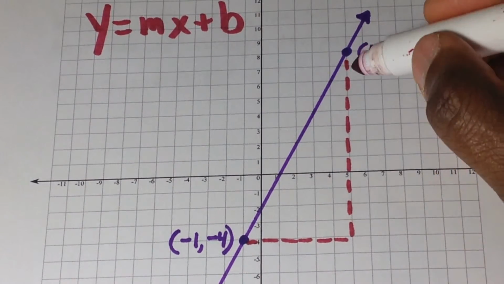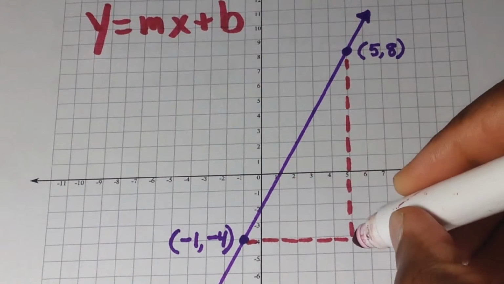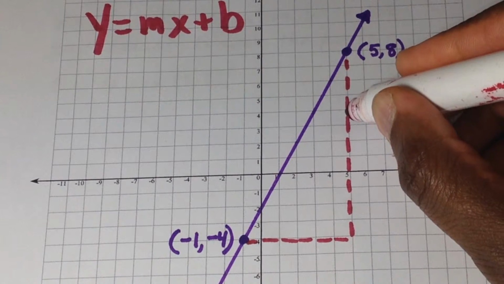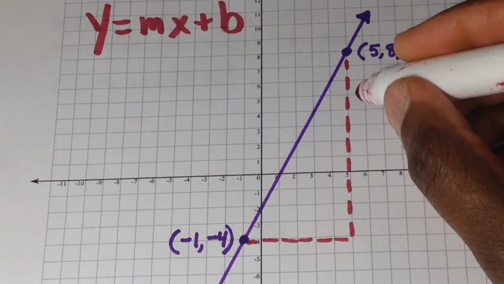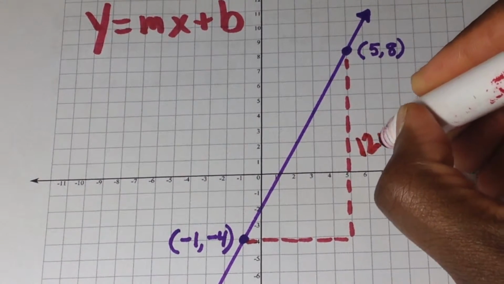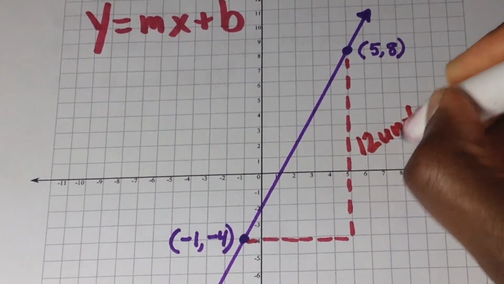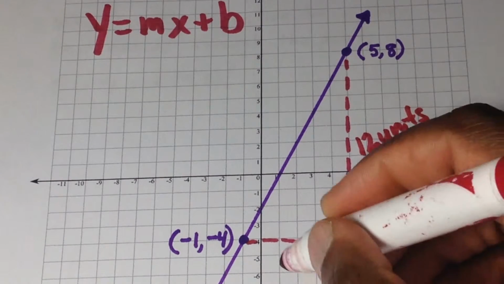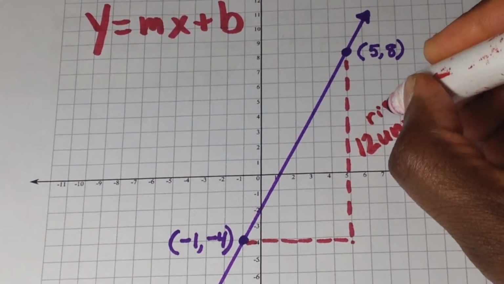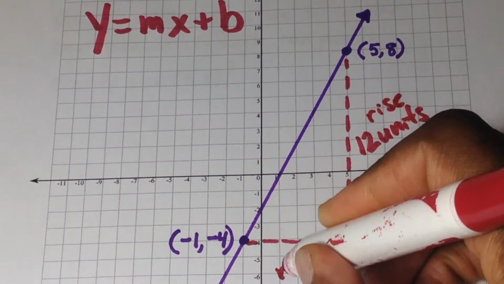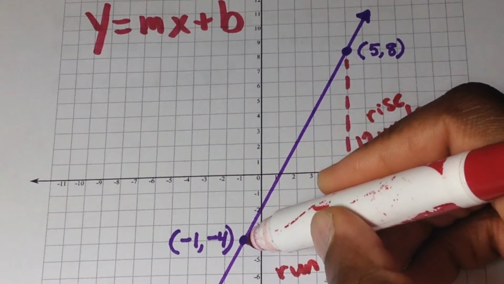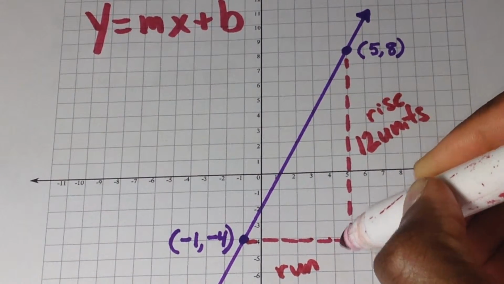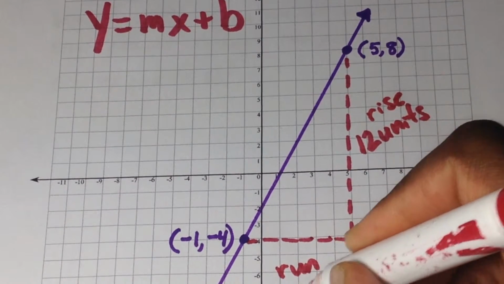If we take a look, the rise is 1, 2, 3, 4, 5, 6, 7, 8, 9, 10, 11, 12. It's 12 units to get from here up to the top. As for the run, it is 1, 2, 3, 4, 5, 6. The run is 6 units.